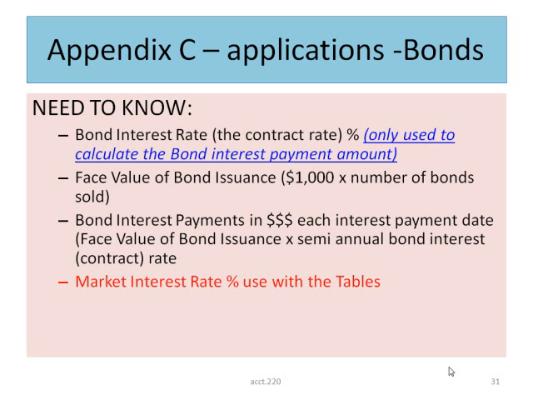Now, we have two interest rates floating around. We have the contract rate and the market interest rate. And the bond interest rate is only used to calculate the bond interest payment amount. So if the bond was sold at face value, $1,000, and the interest rate is 9%, well, once a year you would pay the bondholders $90, or twice a year you'd pay them $45 each.